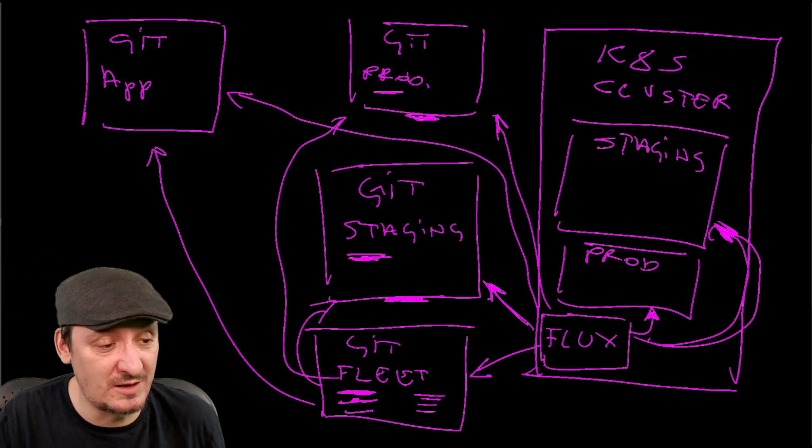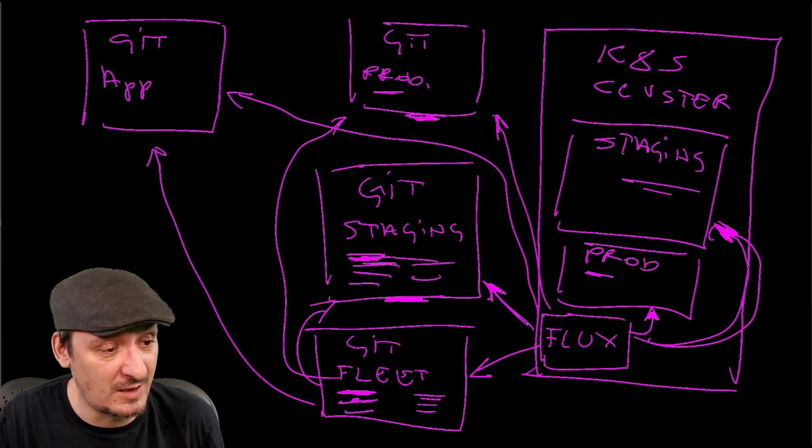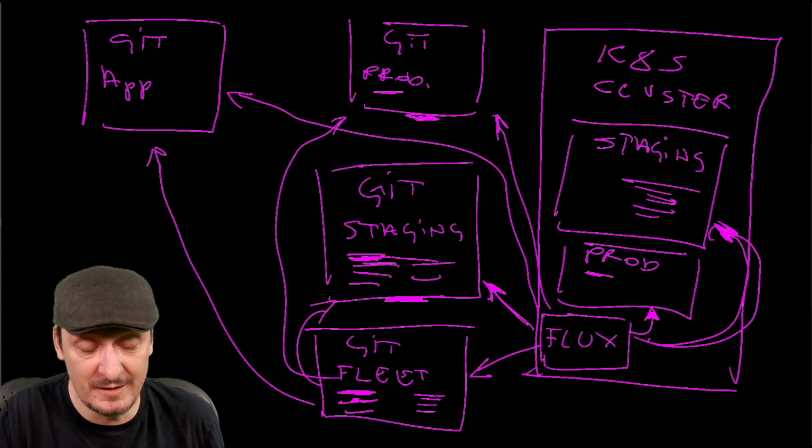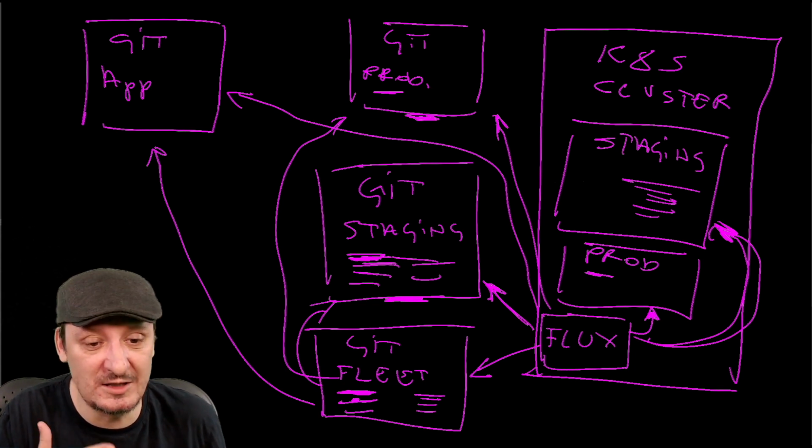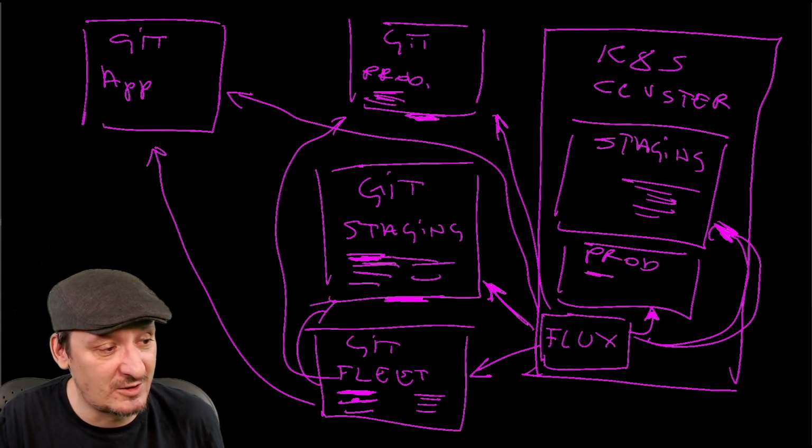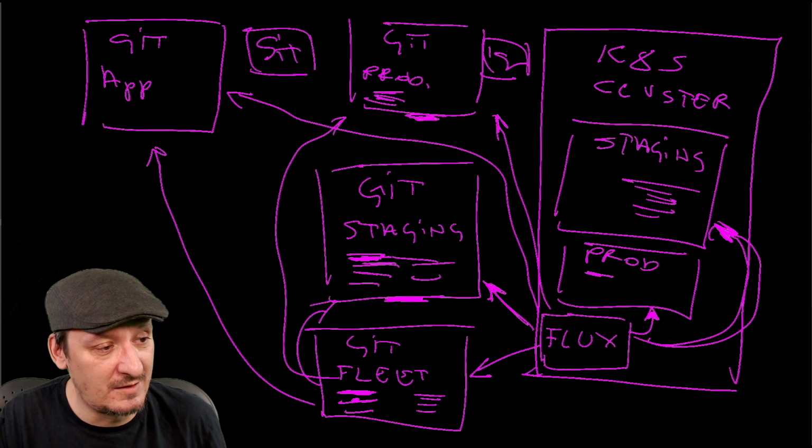In this case, it could be cluster, and so on and so forth. So as soon as I change some definitions in staging, that's applied to the staging namespace, staging cluster, staging whatever, and same thing for production. I could have additional repositories here, Git, and here, Git, and so on and so forth.